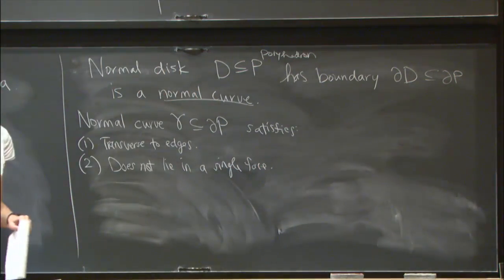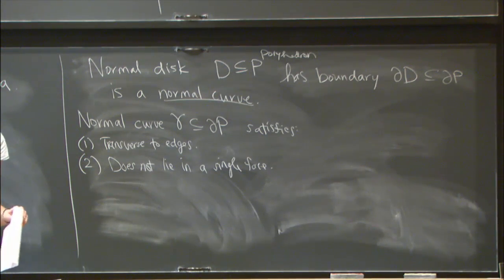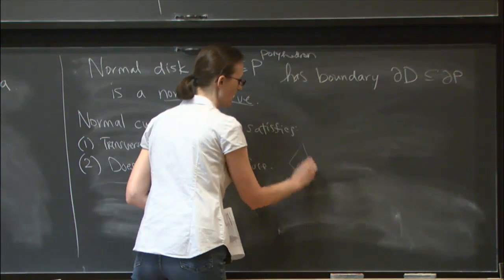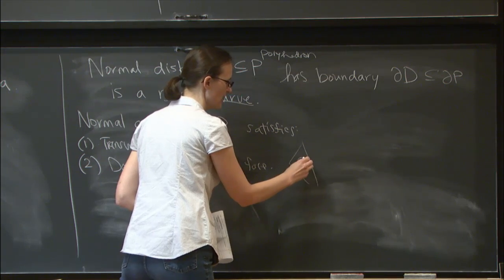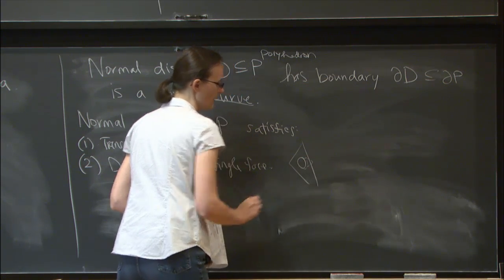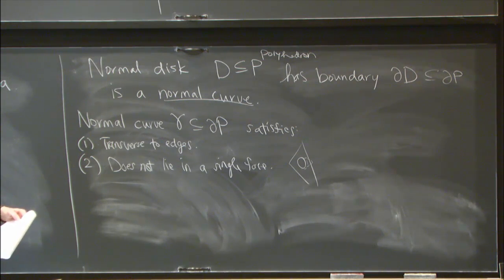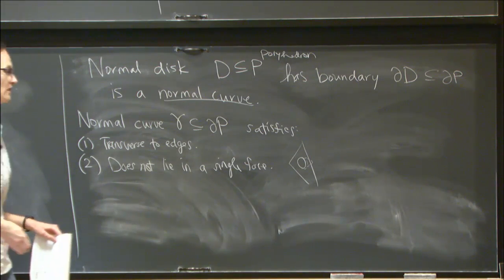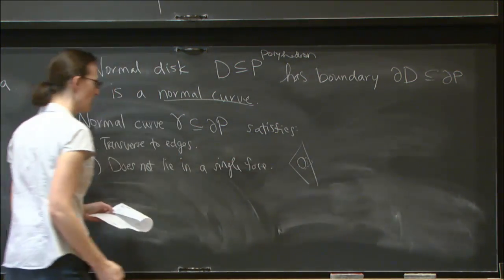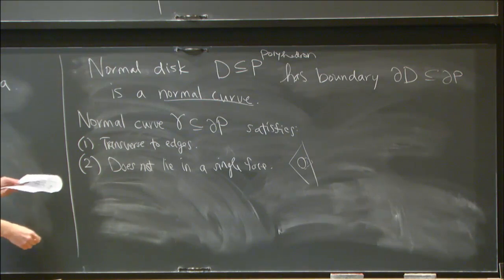If the boundary of your disk is in a single face, you would naturally want to simplify that by pushing it through. So you can't have the boundary in a single face.